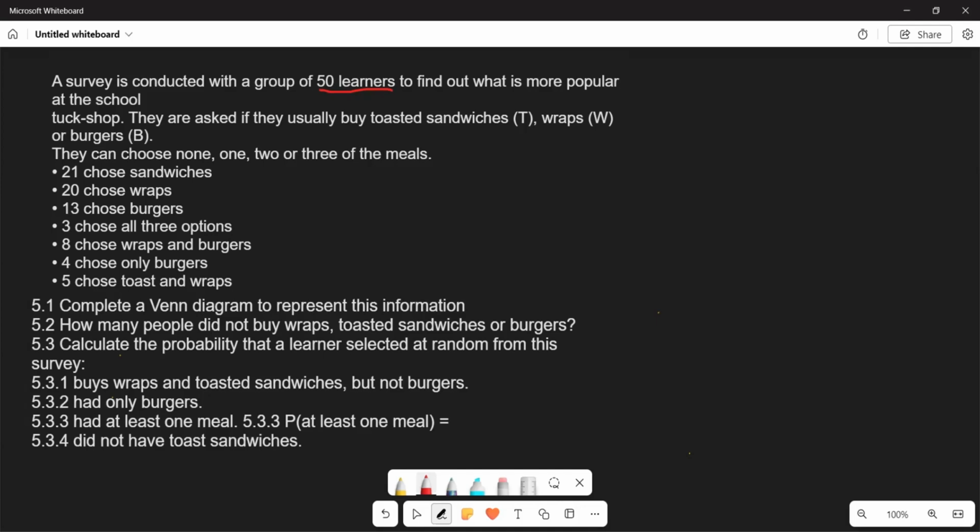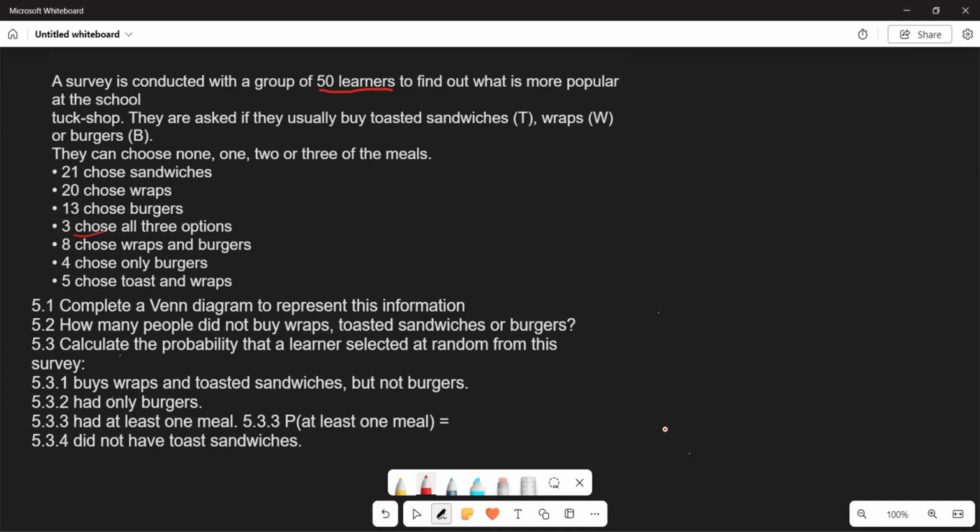You have 3 that chose the 3 options, and you have 8 that chose wrap and a burger. You have 4 that chose burger only, right? Now you have 5 that chose a toast and a wrap.